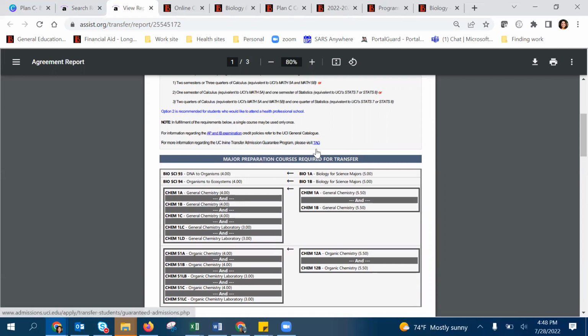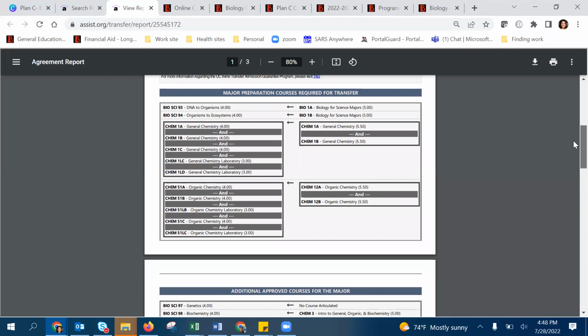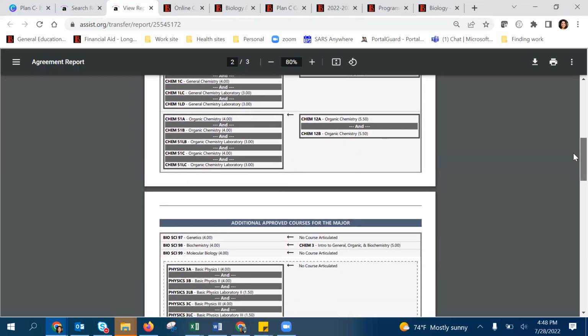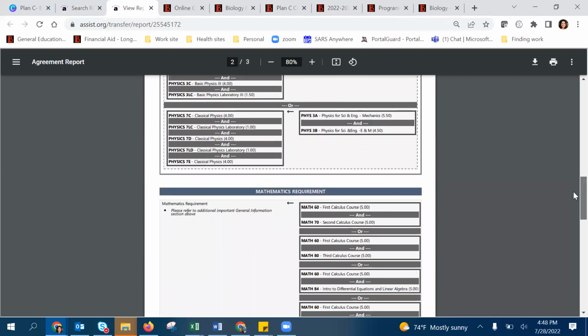The TAG program is something that's offered to students who are going to transfer to the UC, and the Transfer Center does have more information about it. On this side, you will see a list of the courses that are offered at UC Irvine, and on the right, you will see the courses that are equivalent at Long Beach City College. So a biology major will need to take Bio 1A, Bio 1B, Chem 1A, Chem 1B, Chem 12A, Chem 12B, Chem 3, Physics 3A, and Physics 3B.